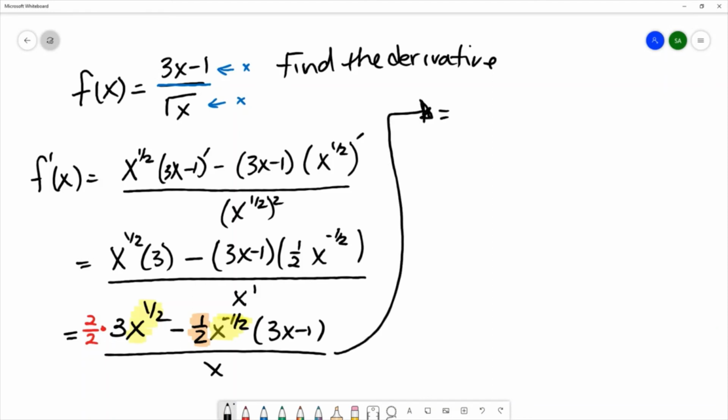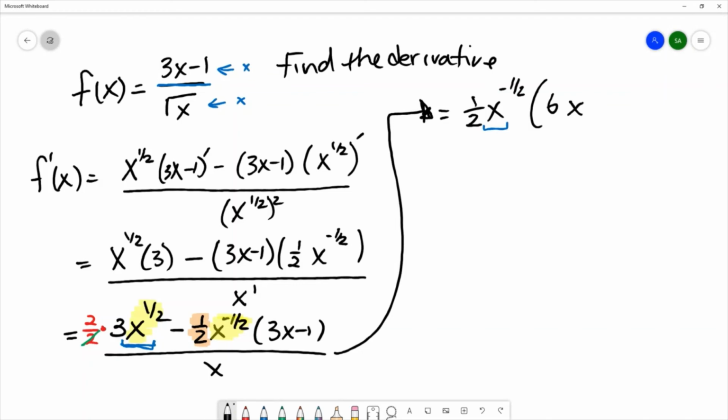So I'm going to factor out the greatest common factor of 1/2 x to the negative 1/2. So I'm choosing the lower power. And when I factor out of this first term here, the denominator comes out. I'm left with 6. 2 times 3 is 6. And then because this x to the 1/2 doesn't match exactly x to the negative 1/2, I'm still going to have a factor of x in that term.